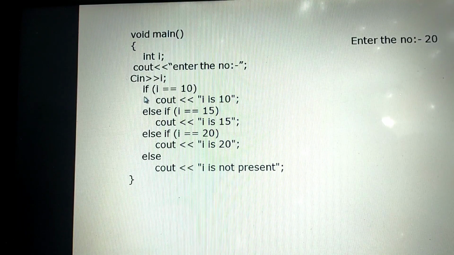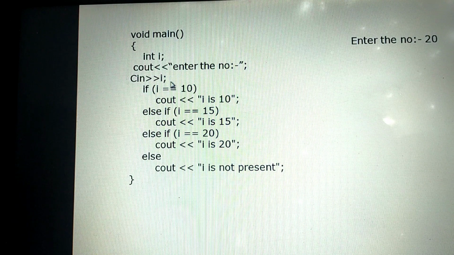Let us see how we can implement the ladder if in the program. Here we have taken one variable i. We enter the number to store in variable i, then accept the value of i using the cin statement.